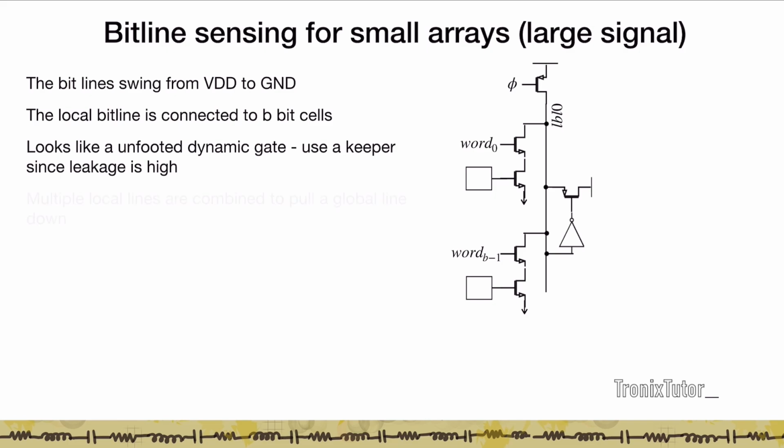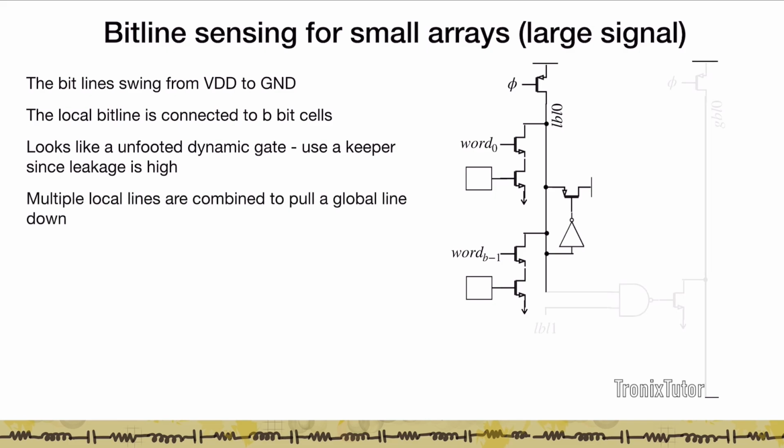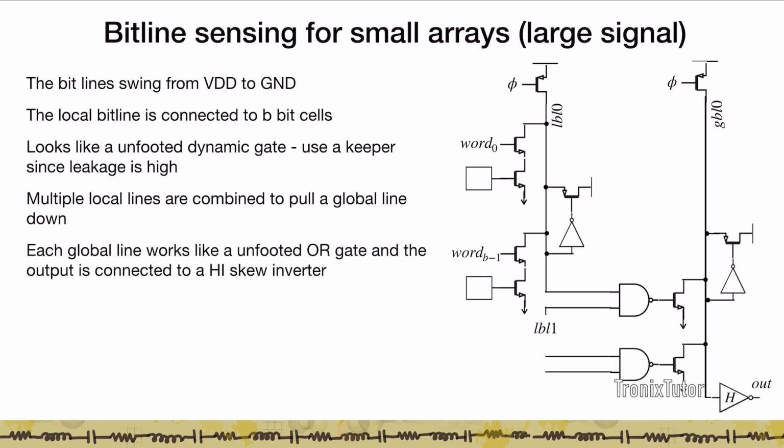Now similarly, what we can think about is that multiple such local bit lines can be ORed together to a global bit line, right? So you have this OR function here, which is going to convert multiple local bit lines into the global bit line. And again, the global bit line also looks like a dynamic OR.